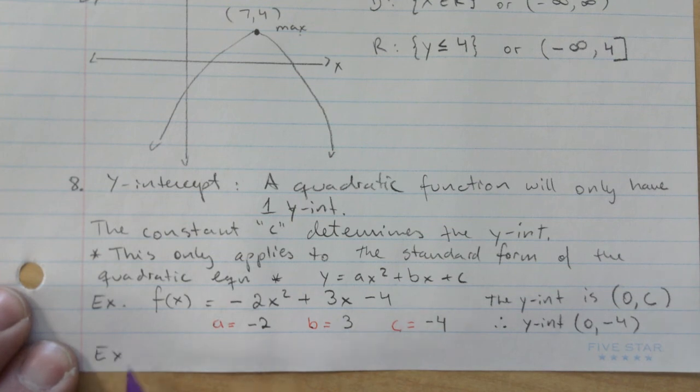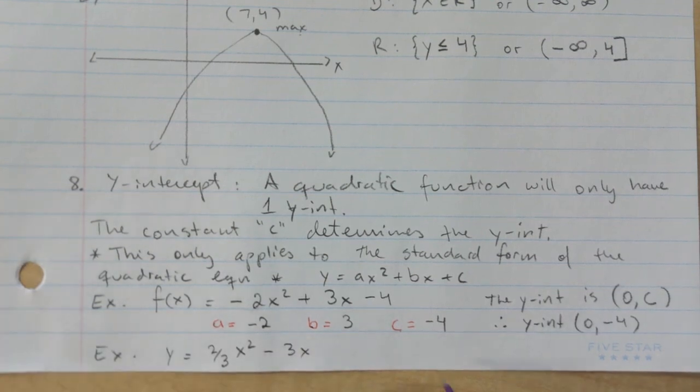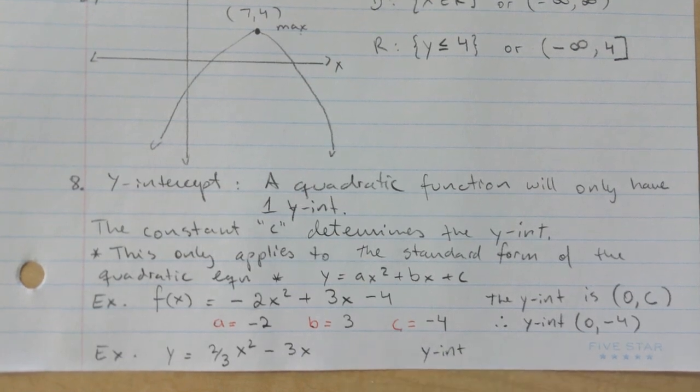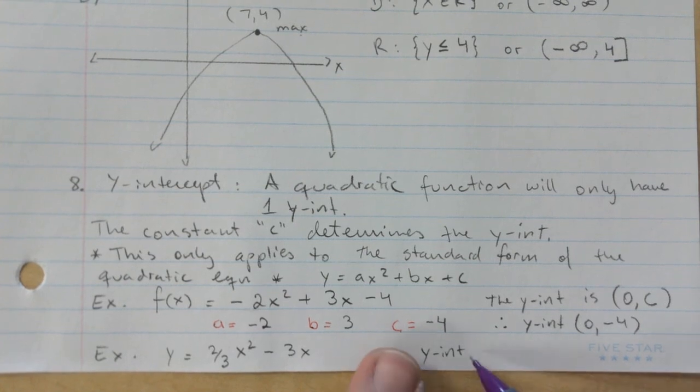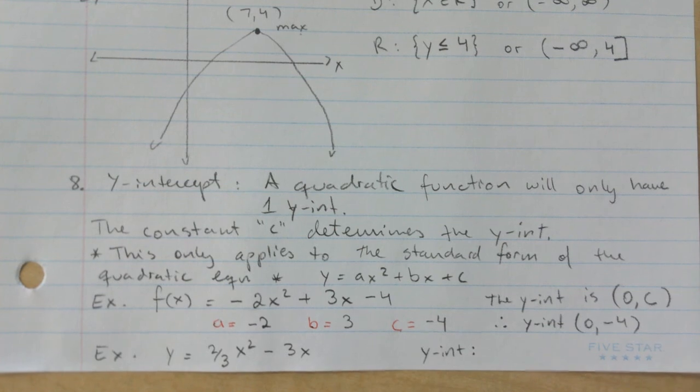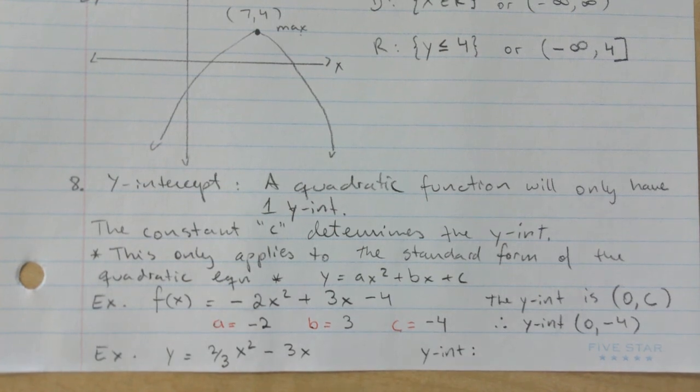I'm going to try to get one more in here. y is equal to 2/3 x squared minus 3x. If I asked you what's the y-intercept in this case, there seems to be no C value there, but it is really 0.